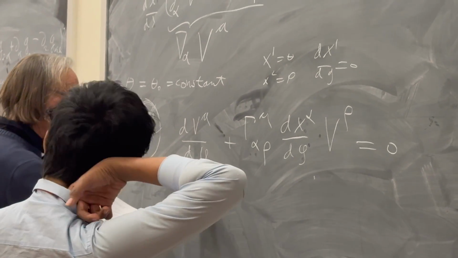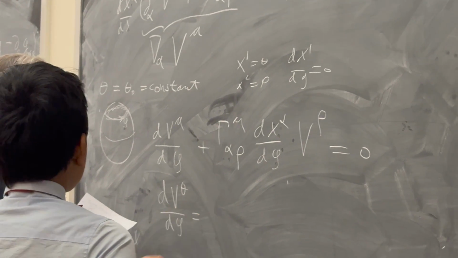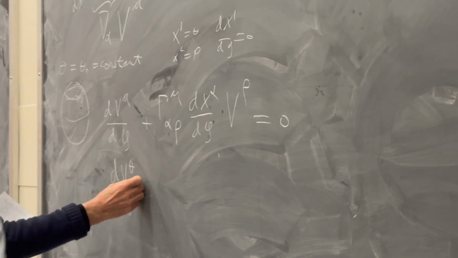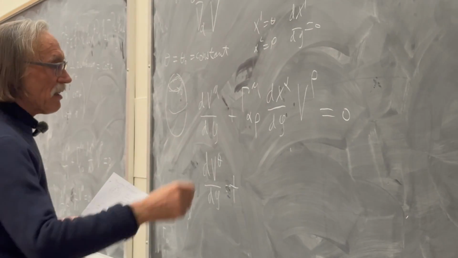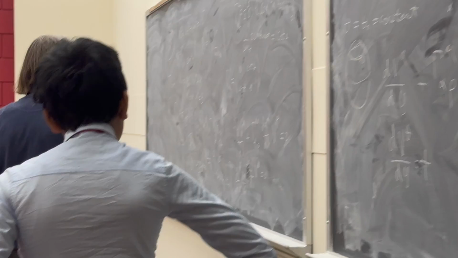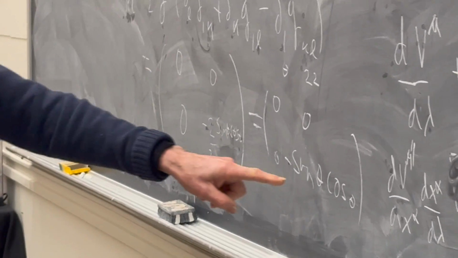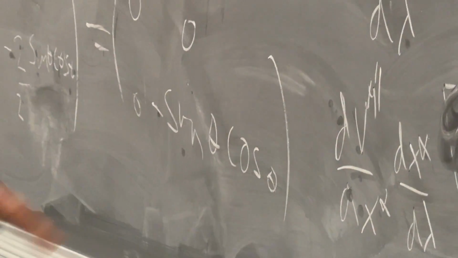So we get dv theta d phi. What is that? Maybe I write a plus here. Then this is the theta component. And if you look at the theta matrix, that has only the two components.